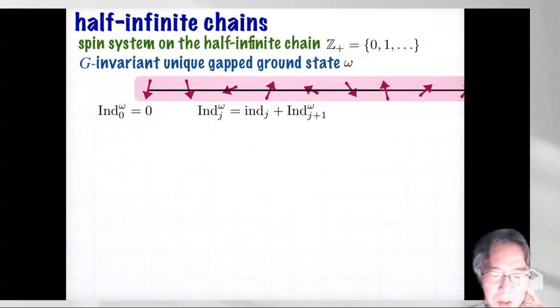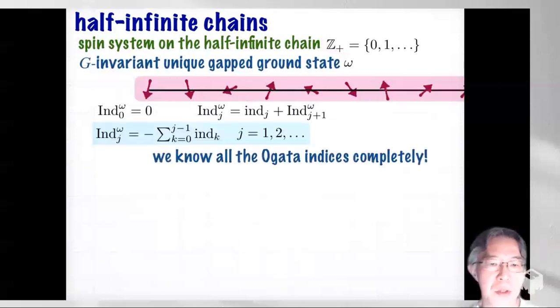And of course, in this case too, Ogata indices satisfy this additivity property. This means that you can simply solve this to obtain Ogata indices completely. This looks surprising, but of course this assumption that we have a unique gapped ground state is very strong. If you assume this, then we automatically know all Ogata indices.